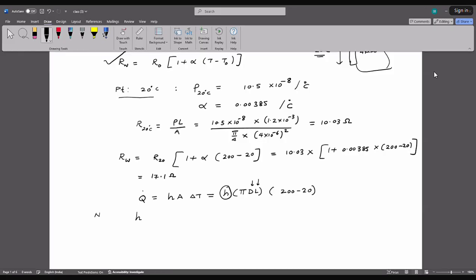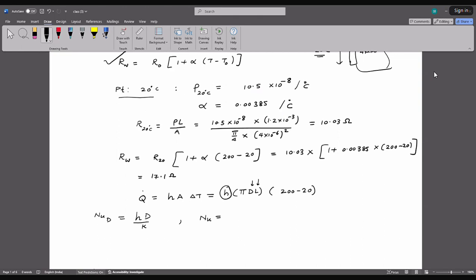The Nusselt number based on the diameter is basically H times D divided by the thermal conductivity. So we need to know all the properties of the air. Thermal conductivity of the air we need to know. We also need to find the Nusselt number. So there is a correlation that we can use.